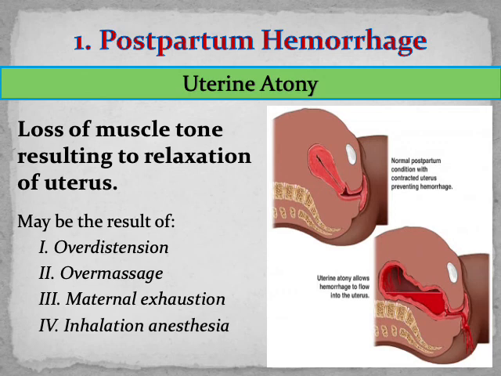Maternal exhaustion, masyado siyang napagod, masyadong nahirapan doon sa labor and delivery. Kaya dapat well-prepared ang panganganak at isa doon para ma-prevent yung too much exhaustion yung regular prenatal exercises. And lastly is inhalation anesthesia with the effect ng mga anesthetics given to the mother.